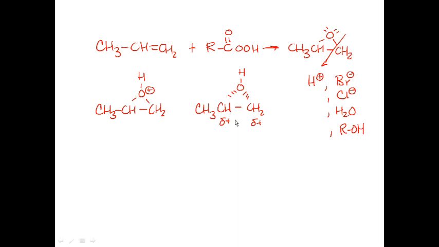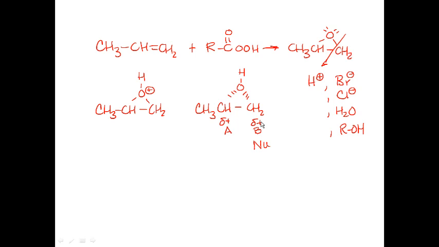Well, then our nucleophile, whether it be bromine, chlorine, water, or alcohol, would have a choice of which carbon it was going to react with. Was it going to react with carbon A? Was it going to react with carbon B?